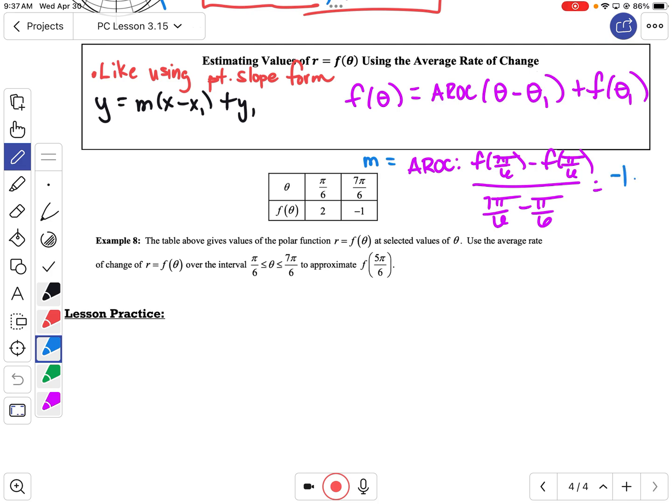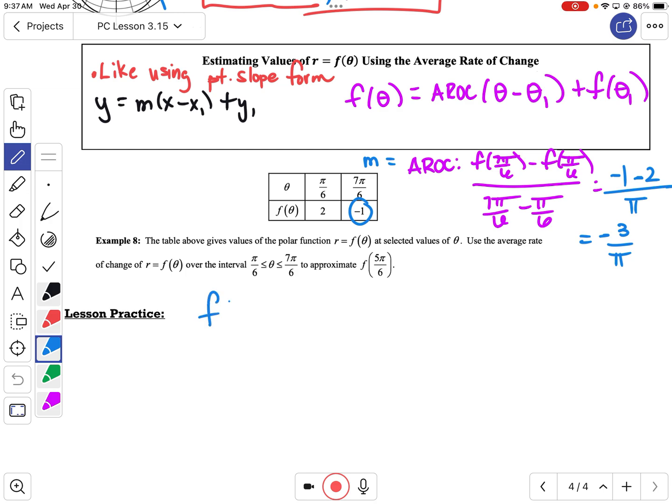It's -1. F at pi over 6 is 2. And then what would 7 pi over 6 minus pi over 6 give me? It gives me 6 pi over 6, which would just be pi. So my slope is going to be -3 over pi.